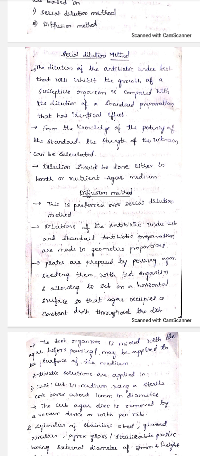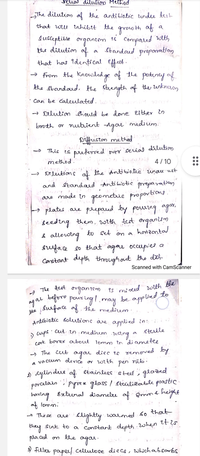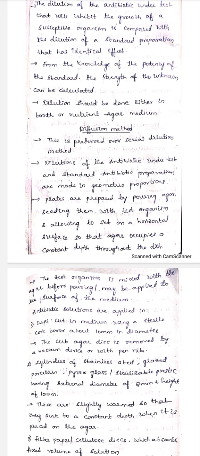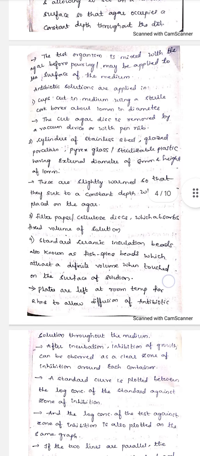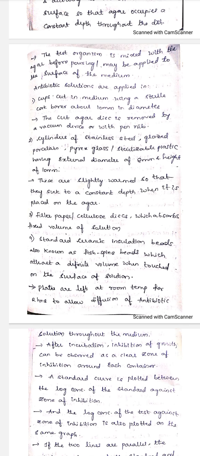Next, the plates are prepared after pouring. The test organism, that means whichever microorganism you want to grow, is incubated in it. The test organism is mixed with the agar before pouring and may be applied to the surface of the medium. Antibiotic solutions are applied in cups cut in the medium using a sterile cork borer. The cut agar disc is removed using a vacuum device or with a pen nib.